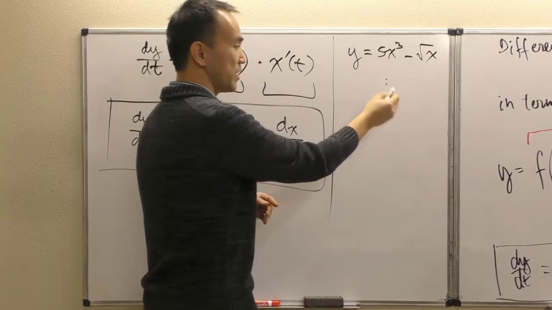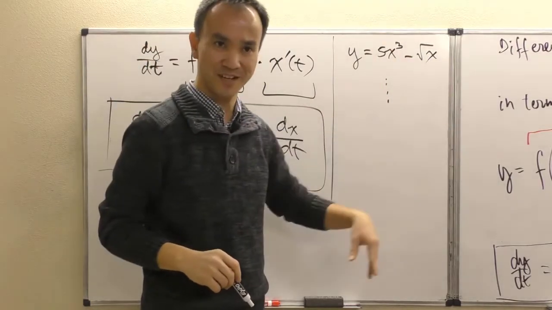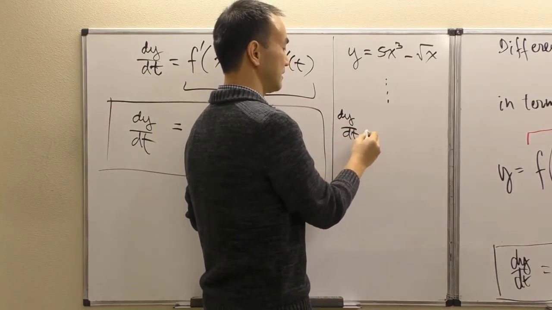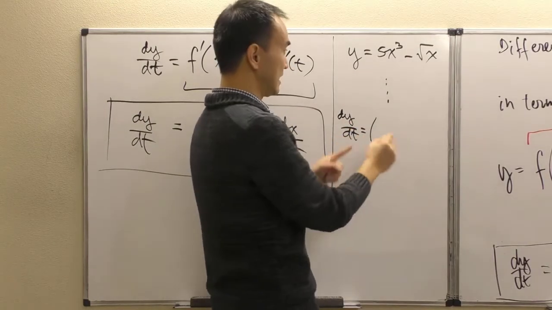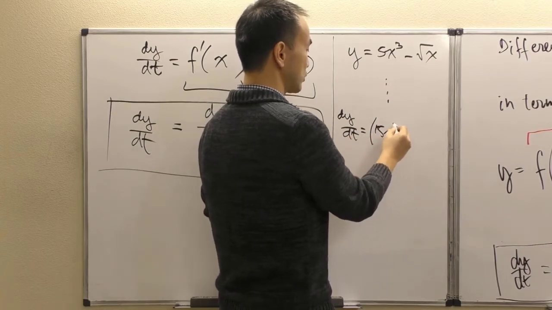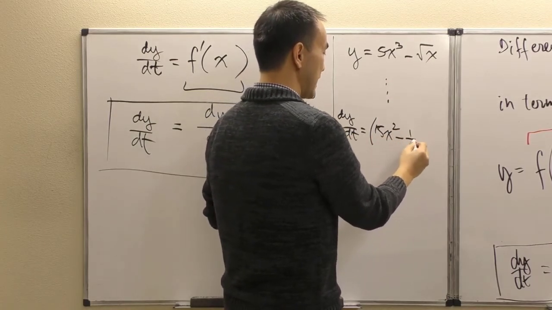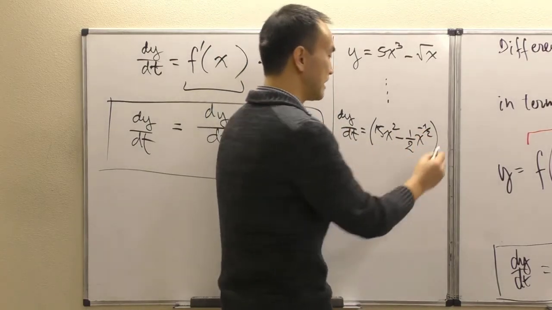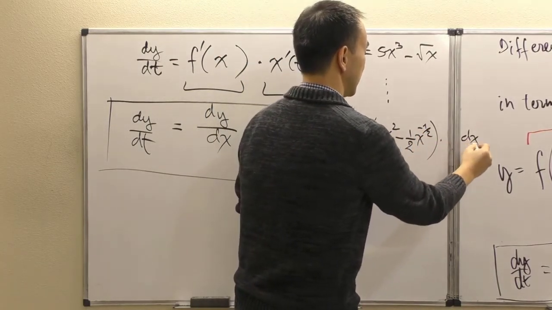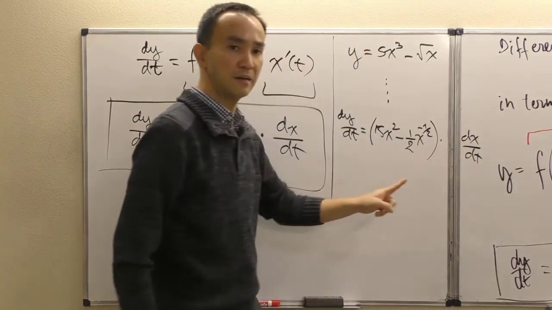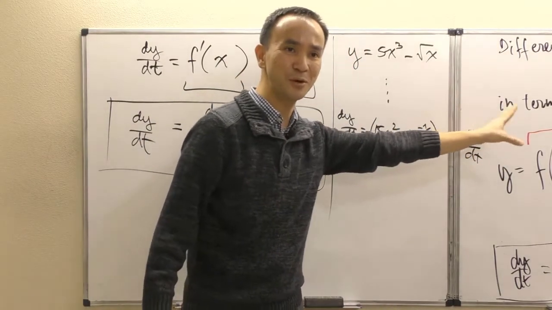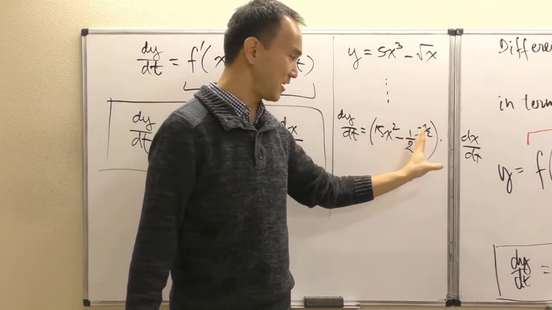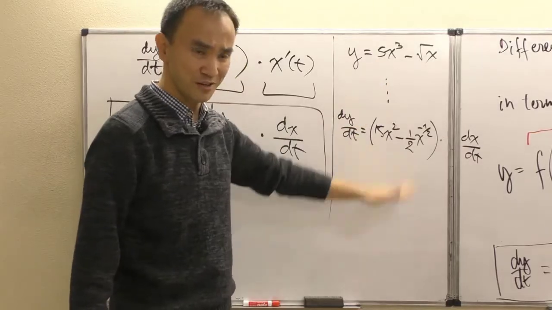We spent a lot of work, and in the end I pointed out this result right here: dy dt equals, in parentheses, 15x squared minus 1/2 x to the negative 1/2. There's no need to put that as a square root expression, but multiply with dx dt. Allow me to write this symbol dx dt in the visible part of the other board. I argued further when we were still working with that demo problem.